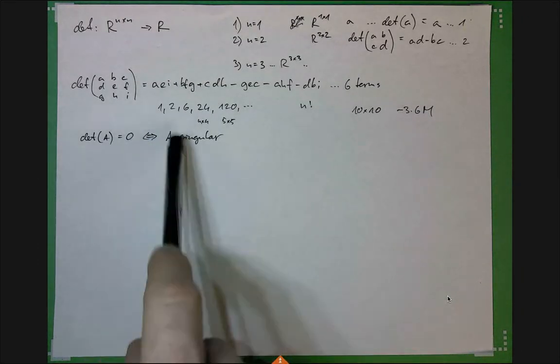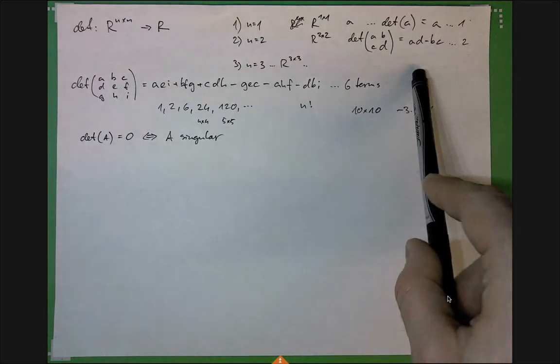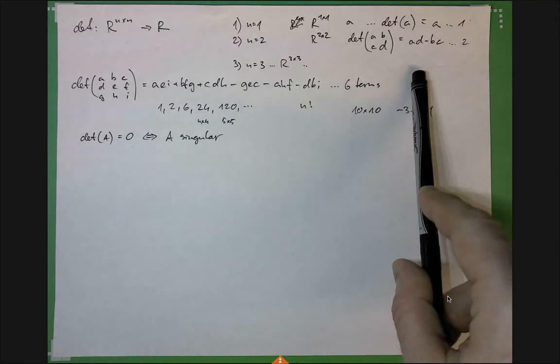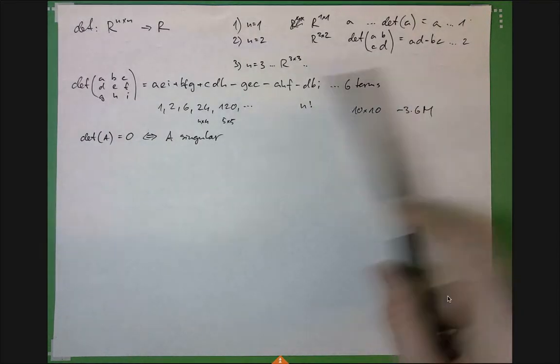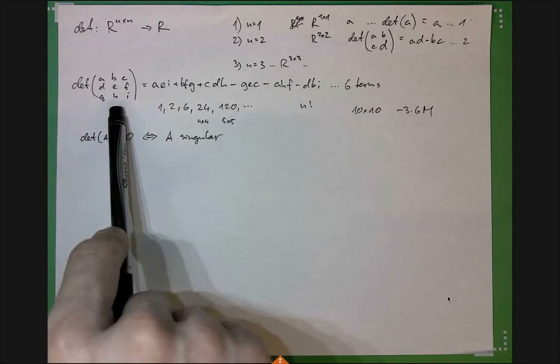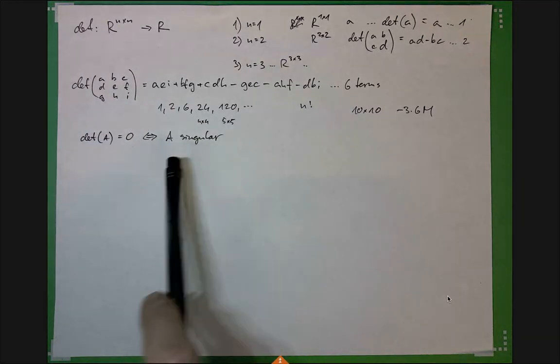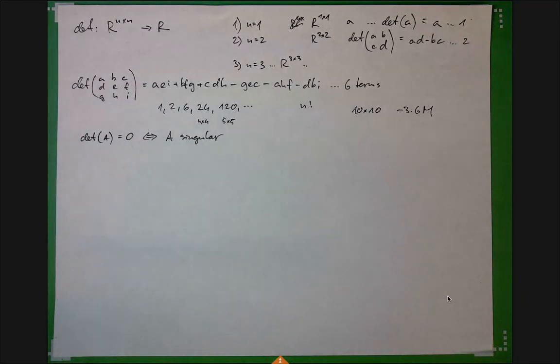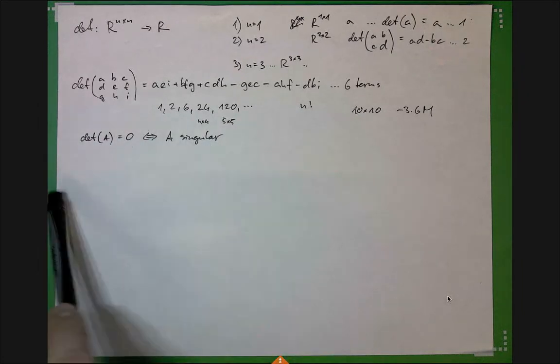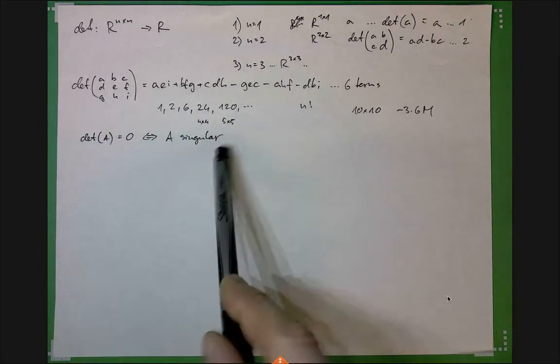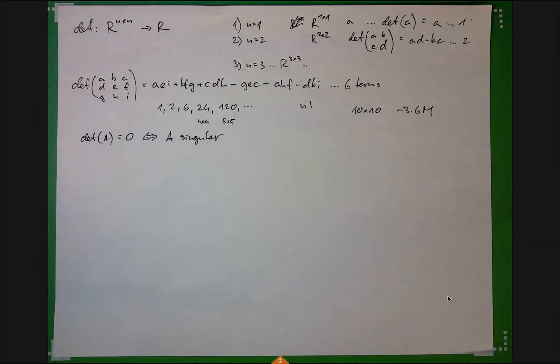But this is the significance of that number. It tells us something about the matrix. If you have the determinant of a matrix, it immediately tells you if the matrix is singular or if it's invertible, right? If it's 0, then it's singular. If it's non-zero, it cannot be singular, it must be invertible, which is nice, right?